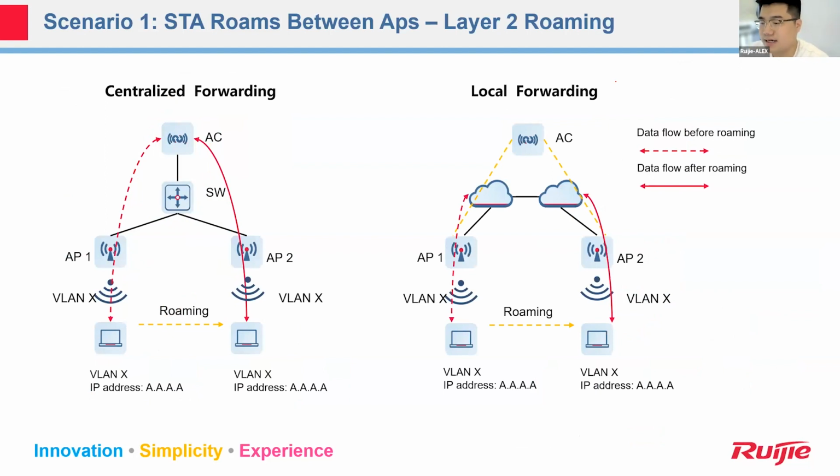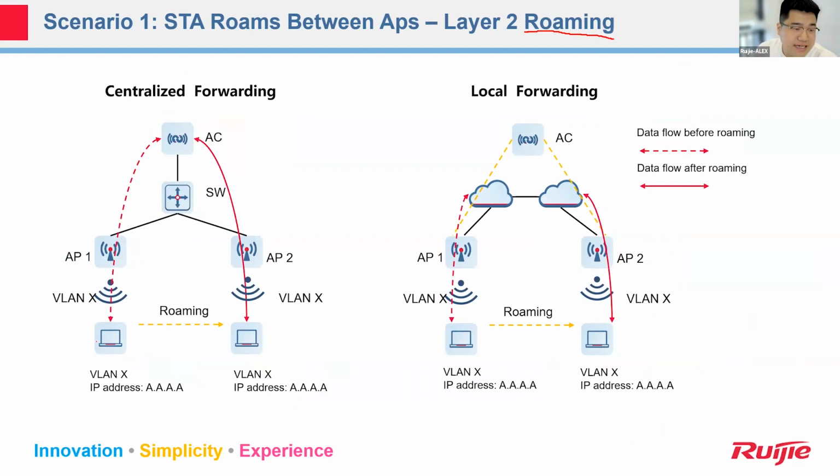Since we just said that when the STAs roam in the coverage of the WLAN, different data forwarding modes could take different actions, firstly we should understand the meaning of roaming, right? What's the meaning of roaming? Now, let's see the figure on the left first.